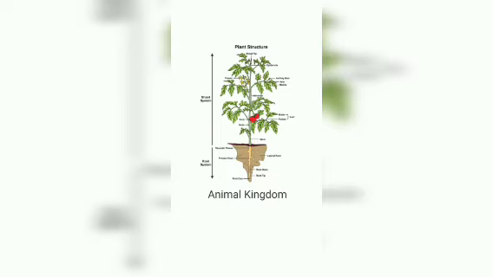Under the root system, you can see first vascular tissue and primary root, and on the right side you can see lateral root, and then root hairs, root tip, and on the left side the root cap.